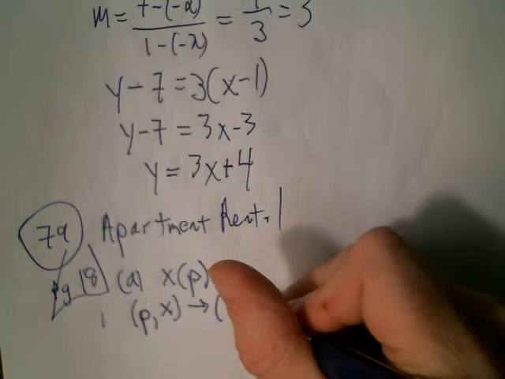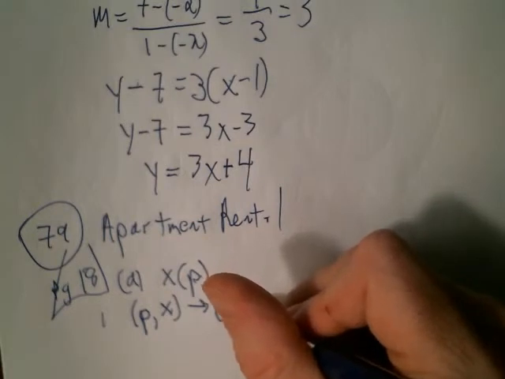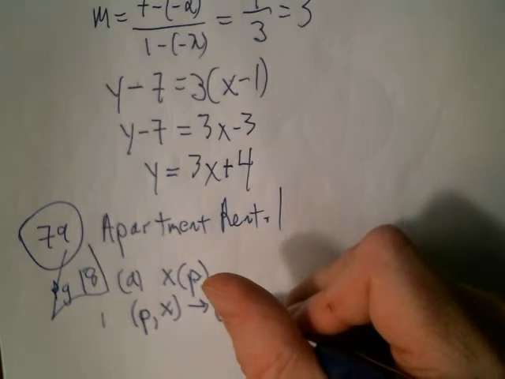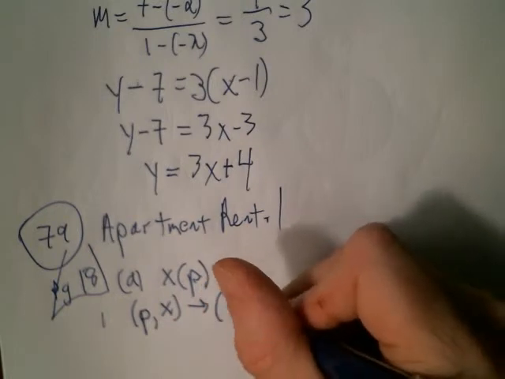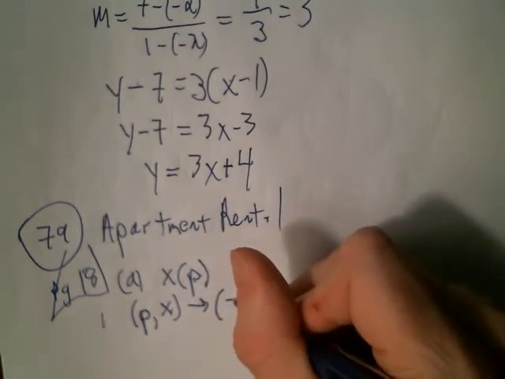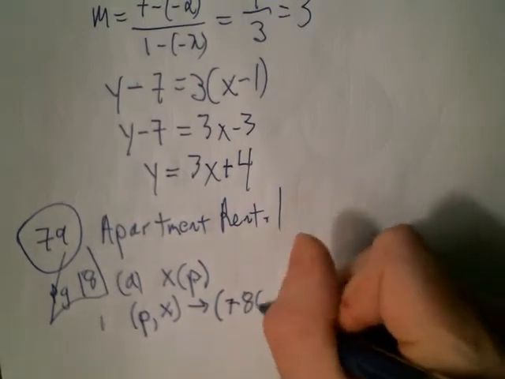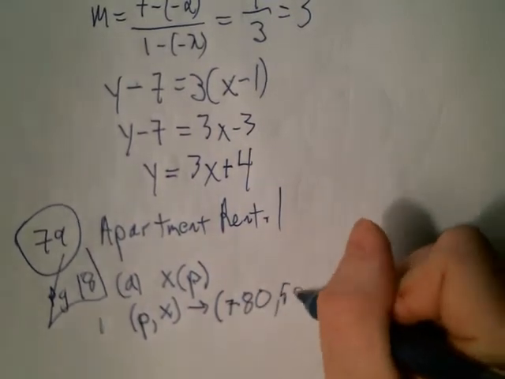The demand is X and the rent is P. So where's our P? The P value, the rent, is 780, and then the demand is 50. Okay?